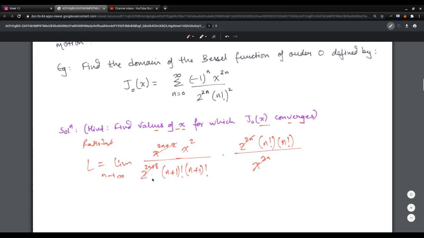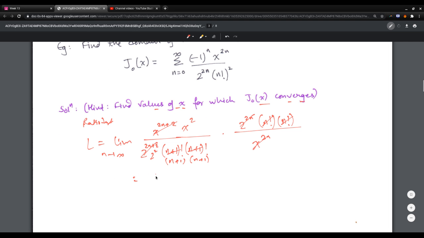This cancels out, leaving me with a 2 squared. And these cancel out, n plus 1, n plus 1. This comes out to the limit as n goes to infinity of x squared over 4 times n plus 1 squared, which is 0 for all values of x.